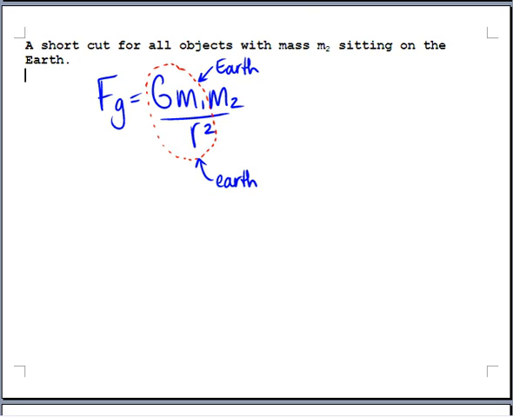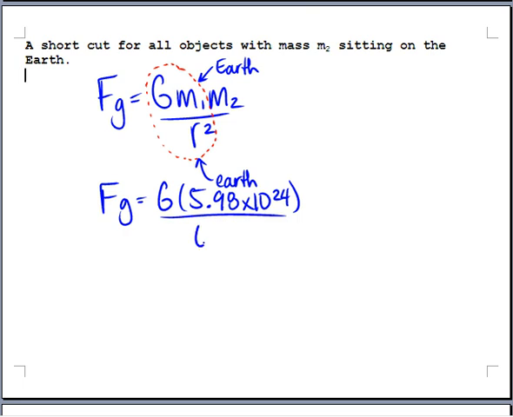And if you plug that into your calculator, give this a try. I'm just going to type it in as big G times 598 times 10 to the 24, all divided by the radius of the Earth, 638 times 10 to the 6, all squared. And we're going to have that number multiplied by M2.